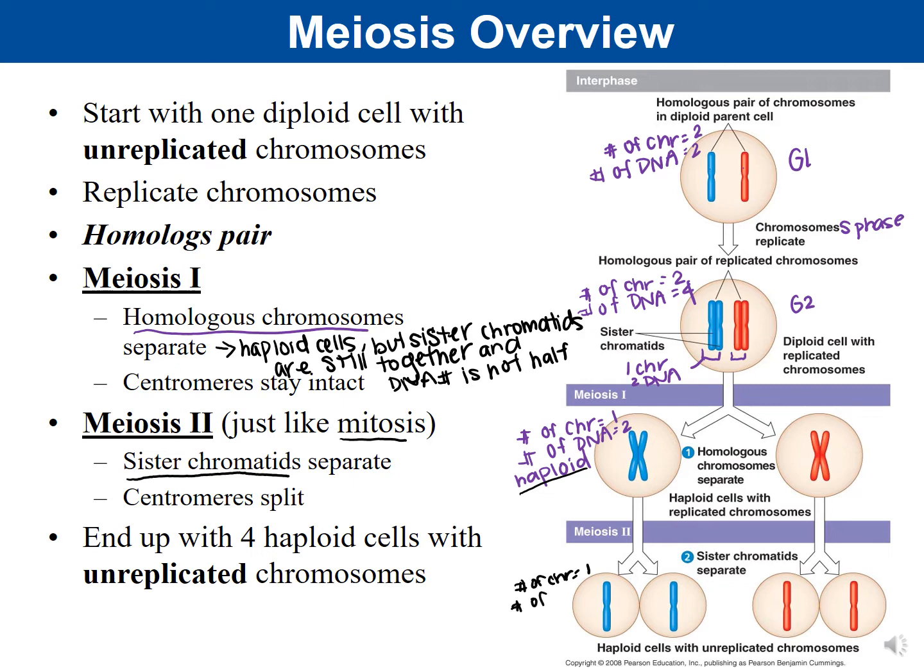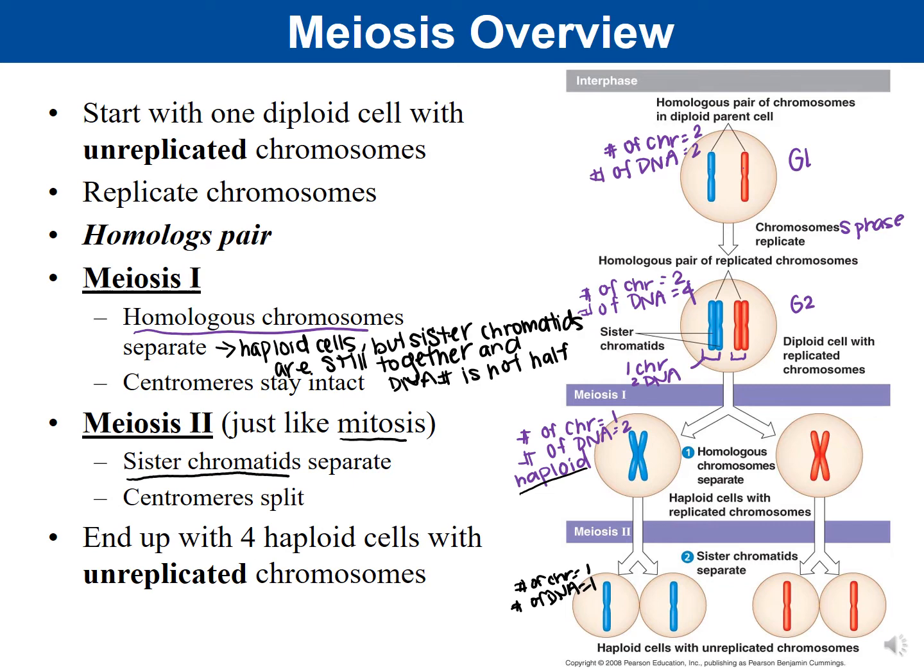Number of DNA is 1. So notice that by the end of meiosis 2, we end up with 4 haploid cells, right? So they don't have their homologous pair. Chromosome number has been reduced in half. And we've now reduced DNA number in half. So this haploid gamete is now half of where we started. And so this is how meiosis works.